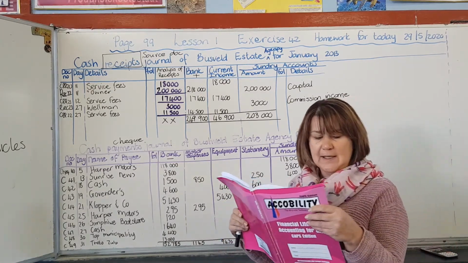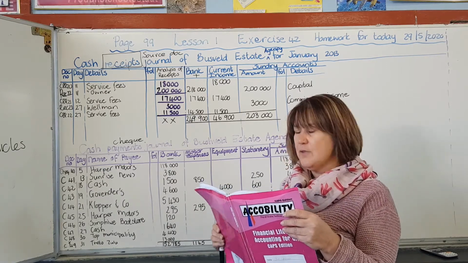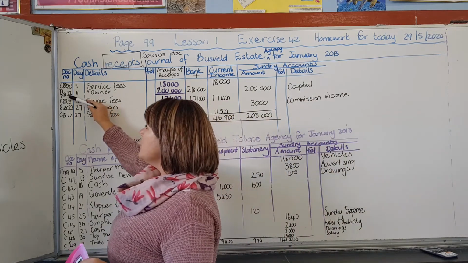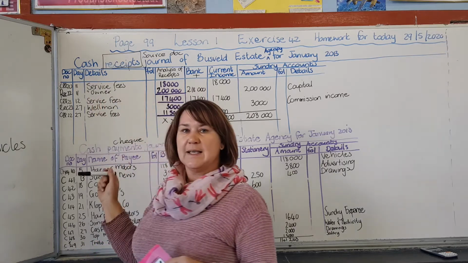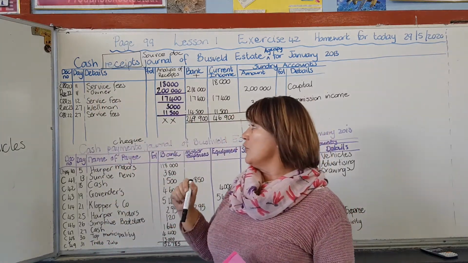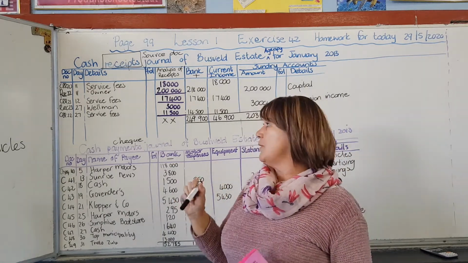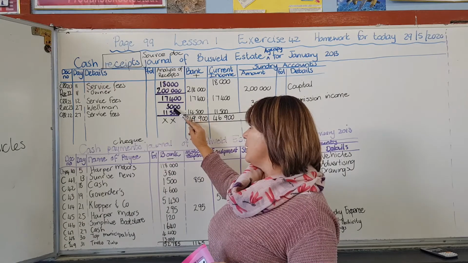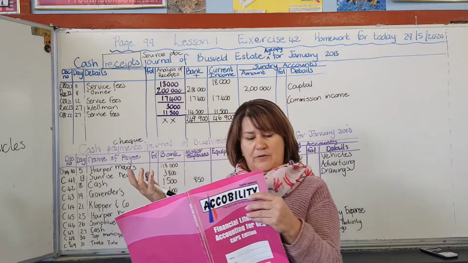The first one says receive commission from Valman, 3,000 rand. So you will see your last receipt that you've issued to the owner was receipt number 22. So you're going to issue receipt number 23 on the 27th to Valman, and the amount 3,000 rand. What was that 3,000 rand that you've received from him?